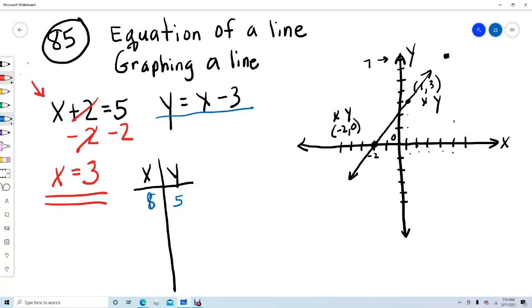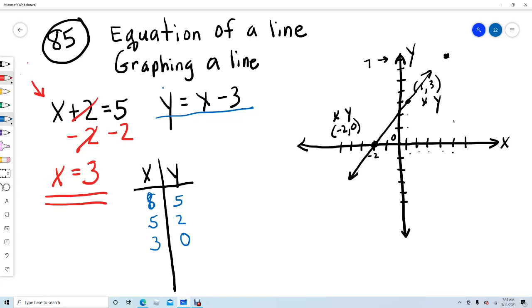When y is 2, I'm just doing this mentally, I'm not adding 3 to both sides, then x is going to be 5. When y is 0, that's going to be 3.